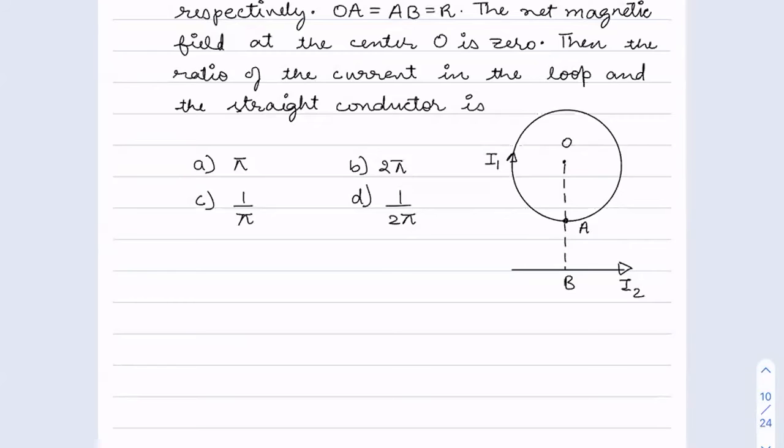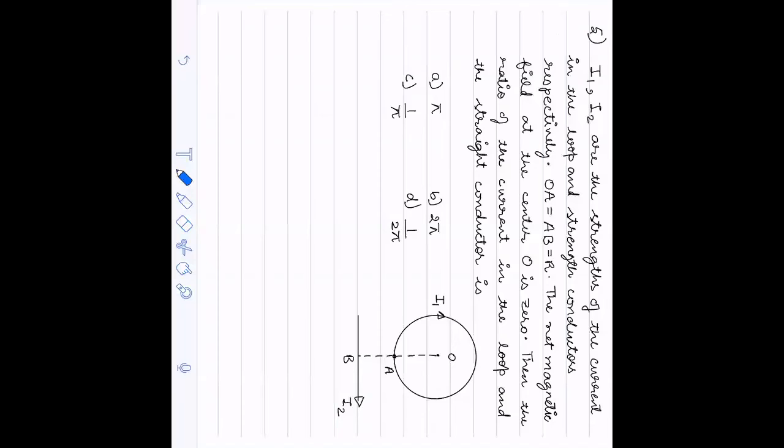Then the ratio of current in the loop and the straight conductor, we have to calculate. So what did you get? 1 by pi. Anyone else who got 1 by pi?